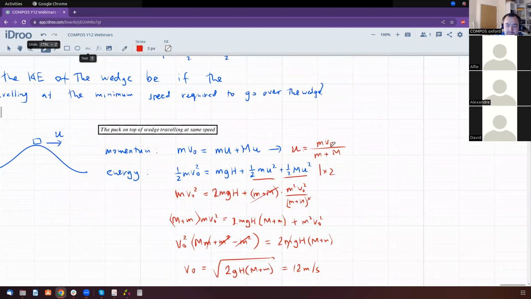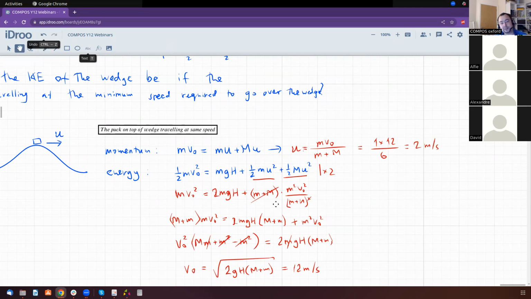Let's see if that makes sense. U is equal to m, which is 1 times 12 divided by m plus m, which is 6, 2 meters per second. Okay, yes.